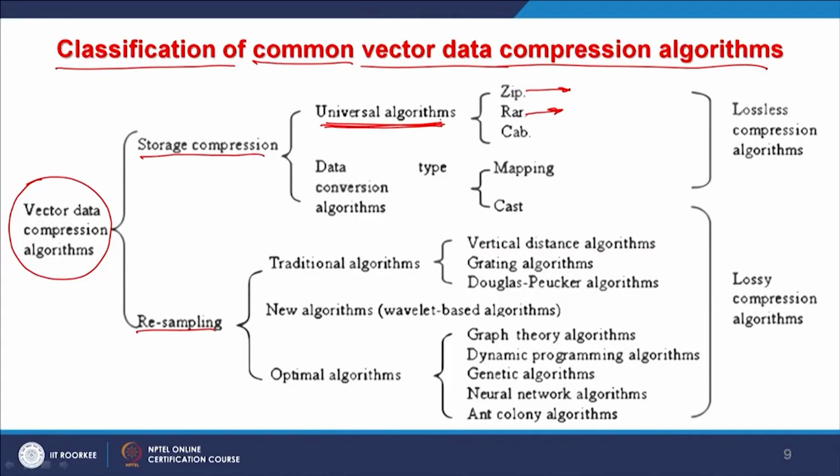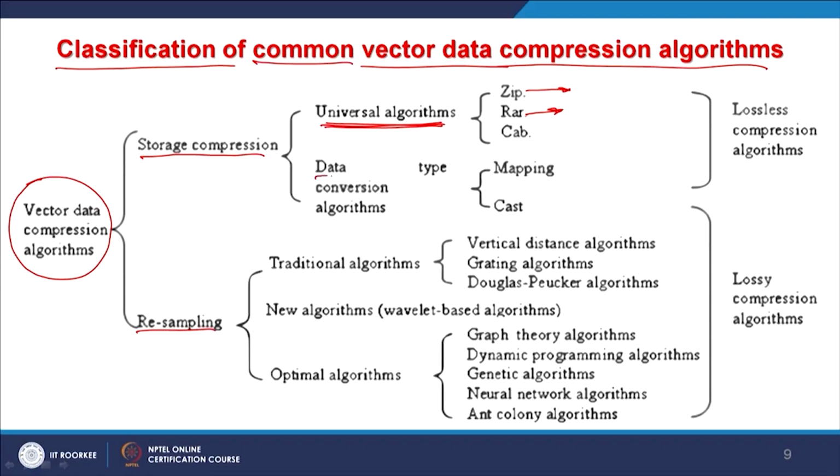Today I compress a 10 MB file to 8 MB, and then I send it via internet or email to some friend, and he can unzip it, and the original quality will be restored as it is. So this is the biggest advantage of these tools, which are available through this universal algorithm, and that is why they are very, very popular.